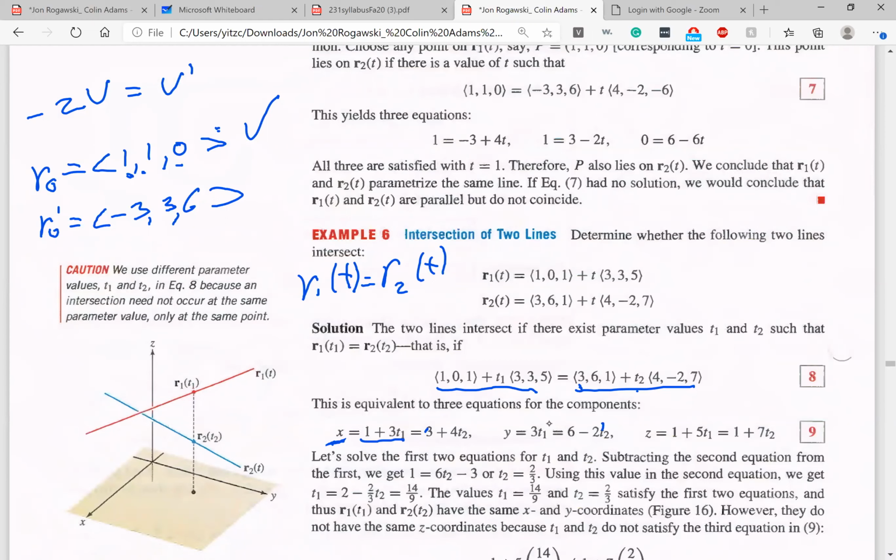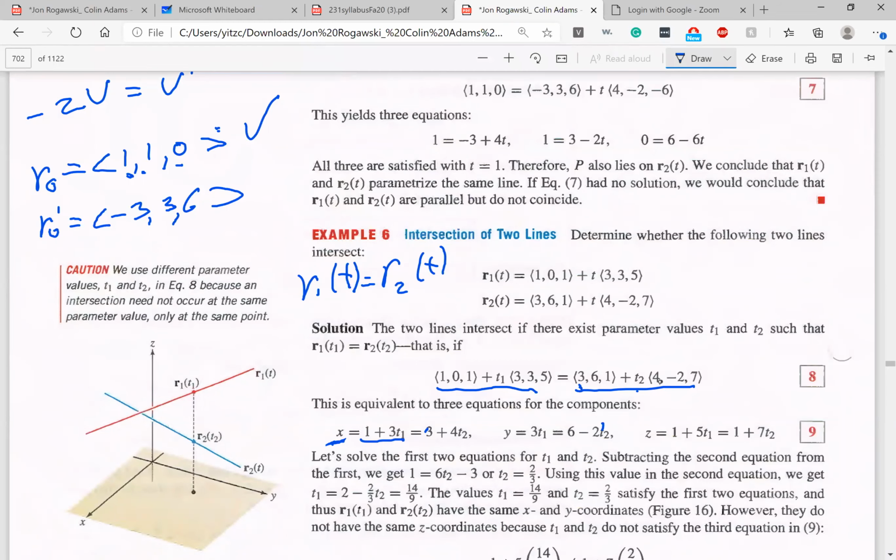And then you want the y coordinates to be related. So you want your 0 plus your t1 times 3, so that will be 3t1. You want that to be equal to the y component over here, which is your 6 minus 2 times t2. And then you want your z component to be equal as well.